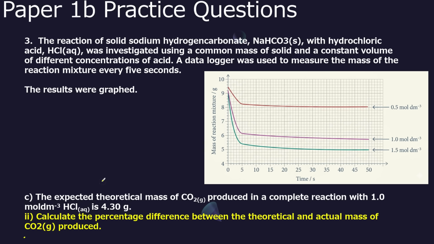So that equation is percent difference, often written as percent error, is equal to theoretical minus actual, all divided by theoretical amount.